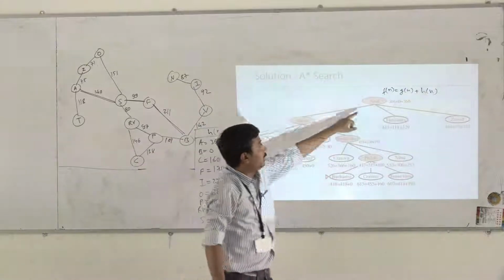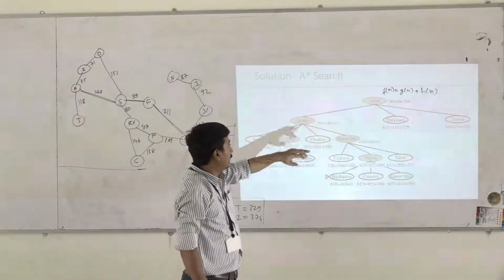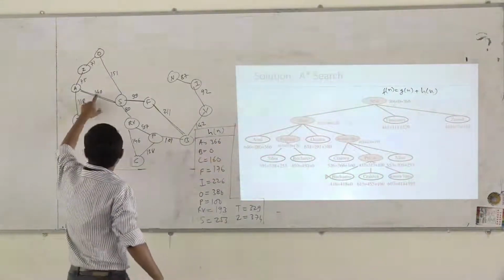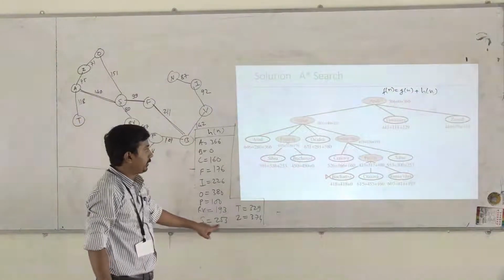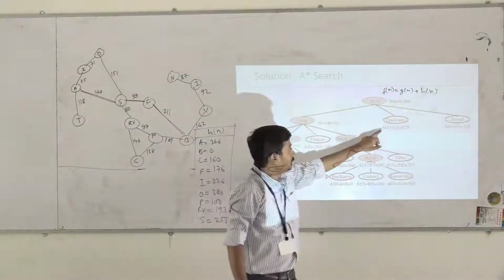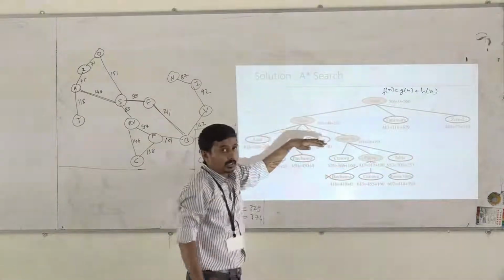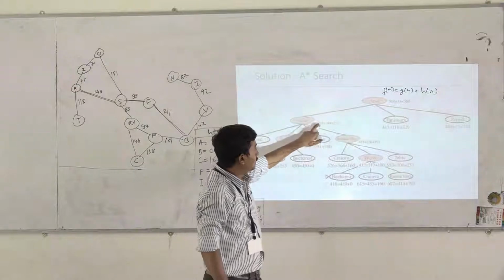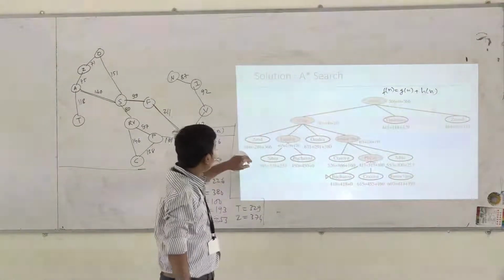So this is the f of n value of A. Then these are the possible children of A, neighbors of A. For S, it is 140 plus the heuristic cost, 253, which is 393. This is the f value for S. Now we have to select the node with minimum f of n value. So this is the node with the minimum f value. Let us expand that.